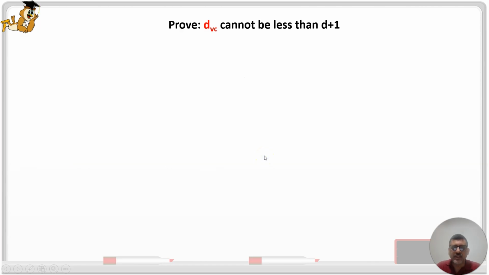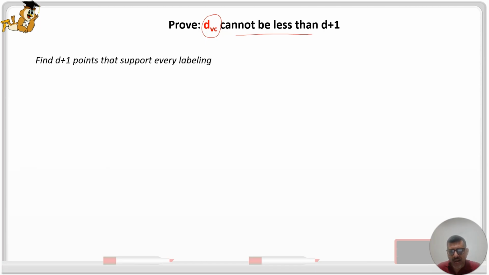Okay, first let's look at the proof of d_VC cannot be less than d plus 1. This is the VC dimension. Okay, in order to do this, we need to show that there exist d plus 1 points that support every labeling.